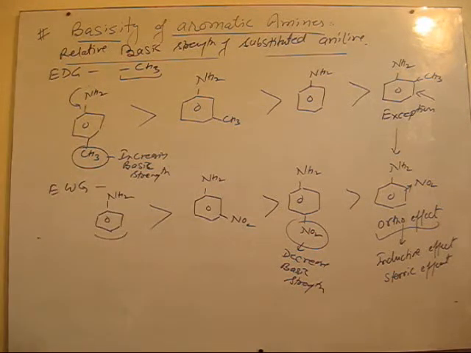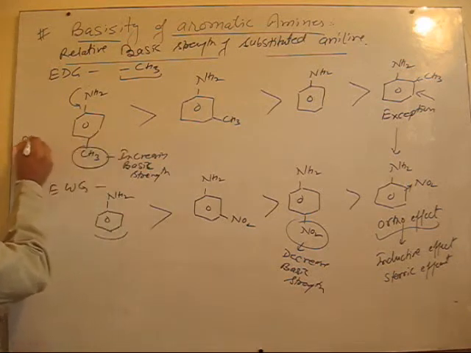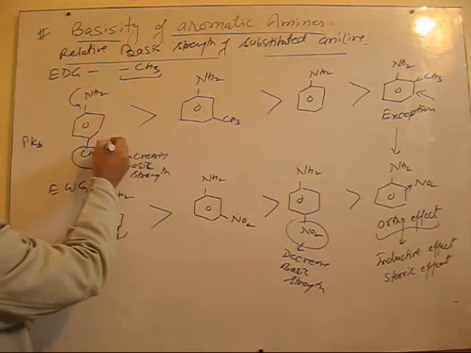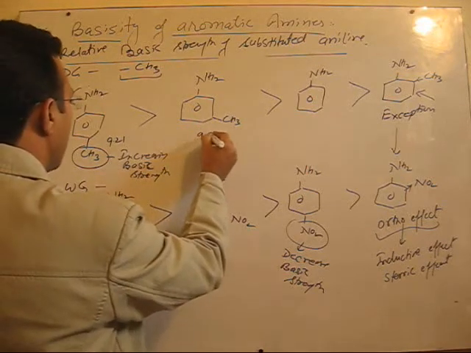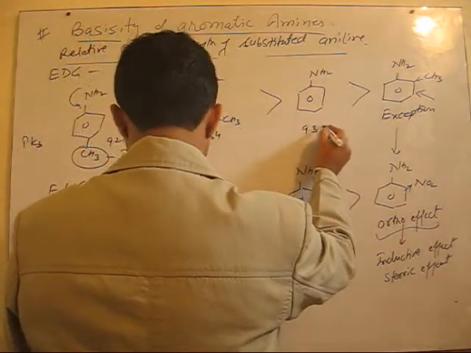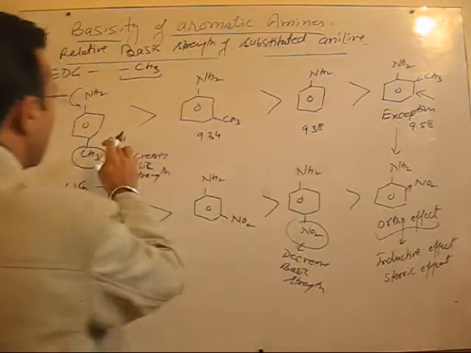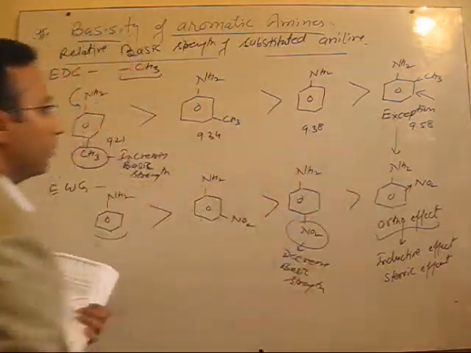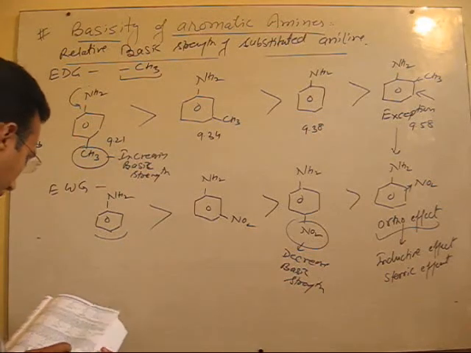So you see here the values of pKb. For the first case it is 9.21, then 9.34, then 9.38 and 9.58. So you see the pKb value is going to increase, as a result basic strength goes on decreasing. Fine.